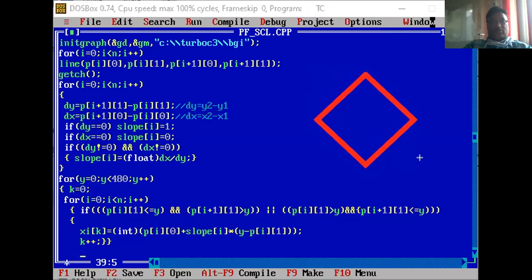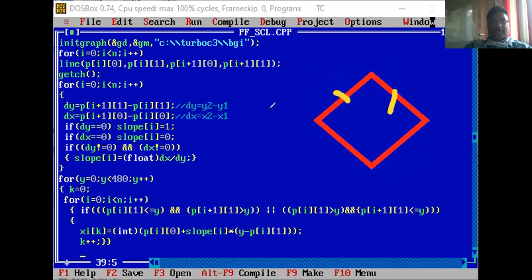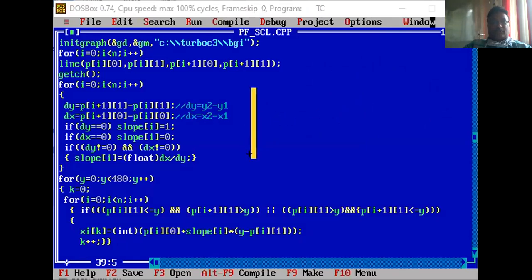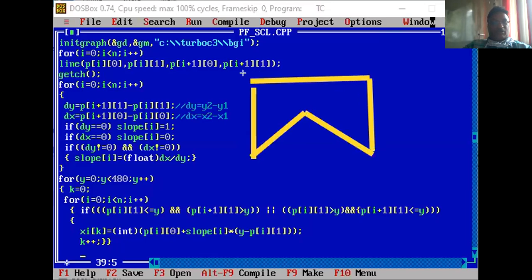I have to transfer from this position to this position, so I have to draw different diagrams to make it easy. I just have to use lines. So this is my first line, suppose this is my second line, this is my third line, this is my fourth line, and this is my fifth line. This is my polygon.